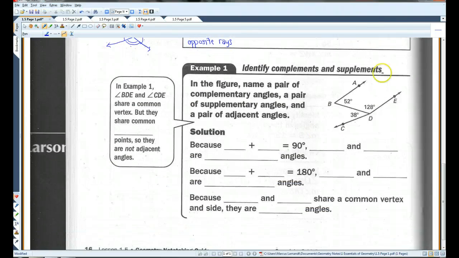Alright, example 1. In the figure, name a pair of complementary angles, a pair of supplementary angles, and a pair of adjacent angles. Alright, remember, complementary means it adds up to 90 degrees. 52 and 38 add up to 90 degrees.